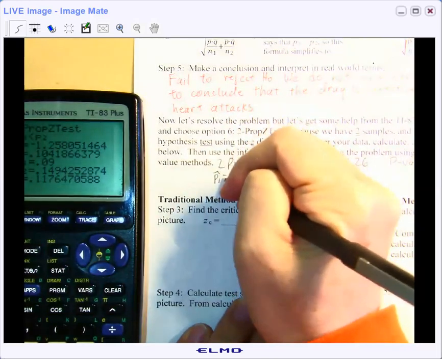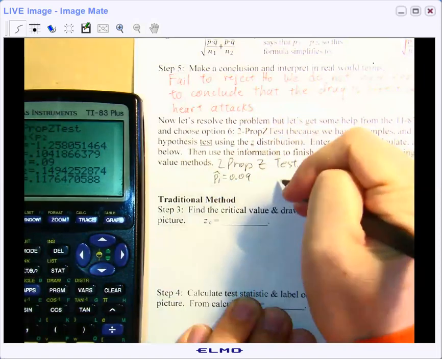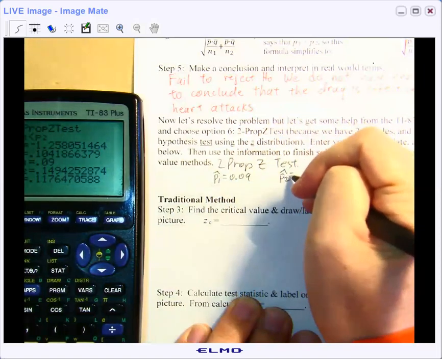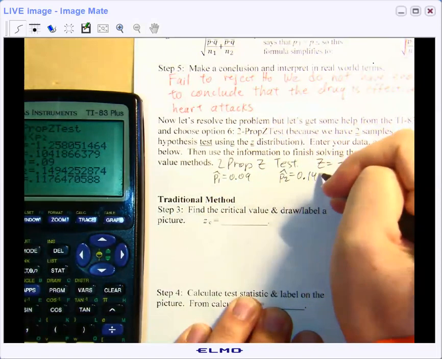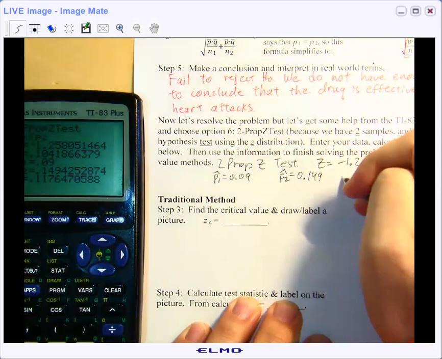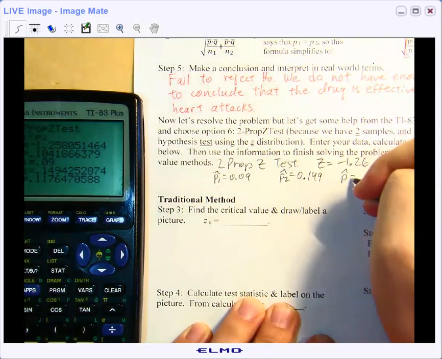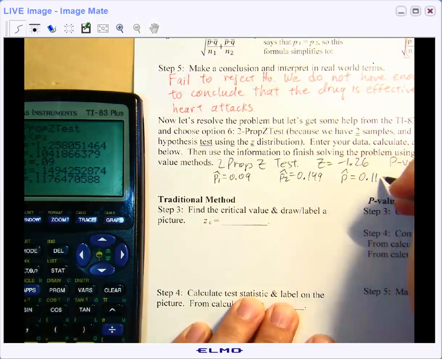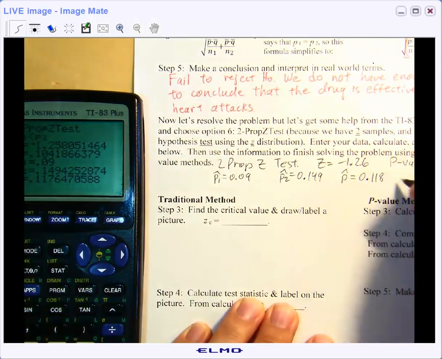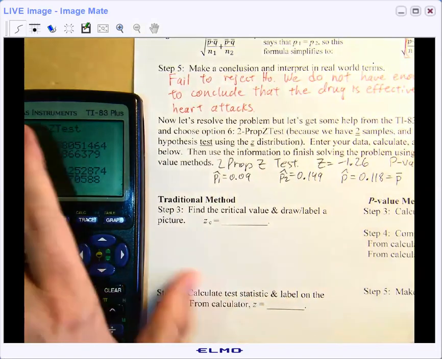P1 hat, it reminds me, is 0.09. P2 hat, it tells me, is 0.149 to 3 decimal places. And just the p hat is 0.1176, which will round to 0.118, which is, according to our notation, we call that p bar.